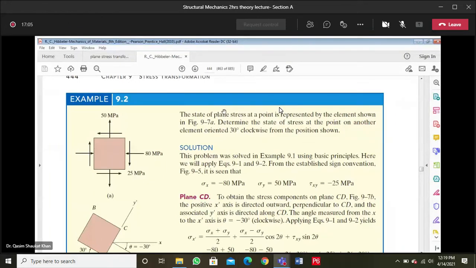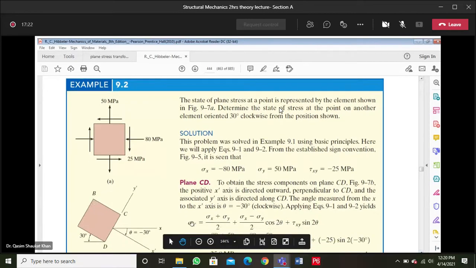Now we have to determine the state of the stress at the point on another element which is oriented 30 degrees clockwise from the position shown. This is your regular axis, x-axis. Now your element is oriented at an angle theta clockwise.